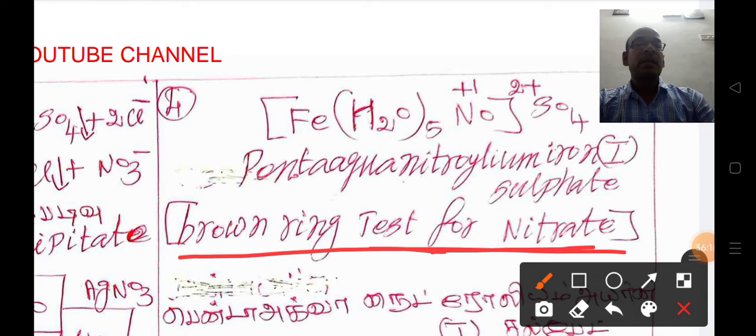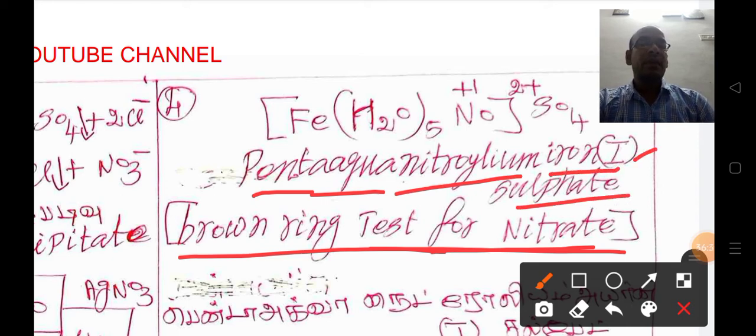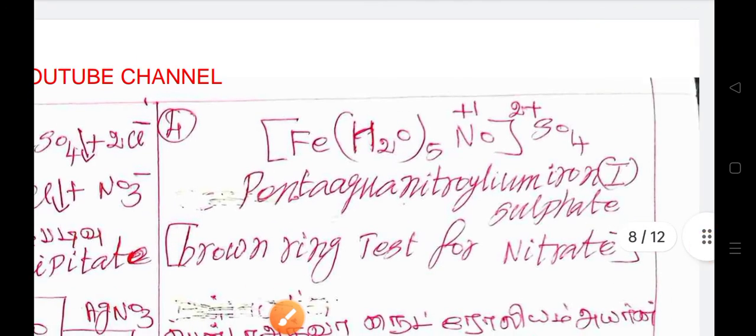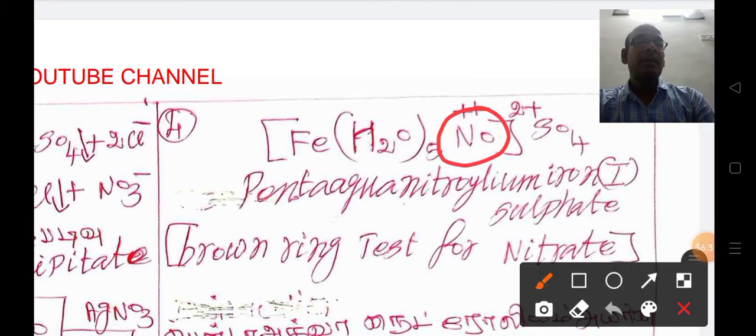This complex ion name is pentaaquanitrosonium ion(I) sulfate. In this case, NO, that is the ligand nitrosonium ion, has a +1 charge.